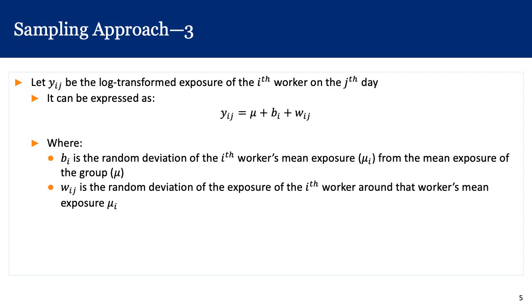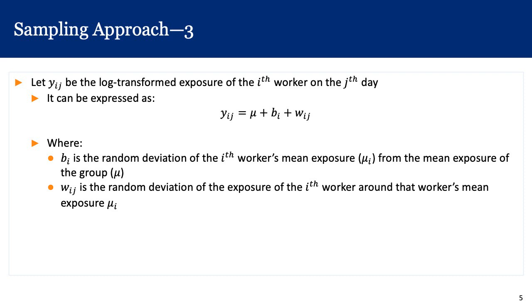There is a mu, which is the mean exposure of the entire group of workers, and we are talking about the arithmetic mean of the log transformed measurements. The b sub i is the random deviation of the ith worker's mean exposure from the mean exposure of the entire group. And then the third term, Wij, is the random deviation of the exposure of the ith worker around that worker's mean exposure, mu sub i.